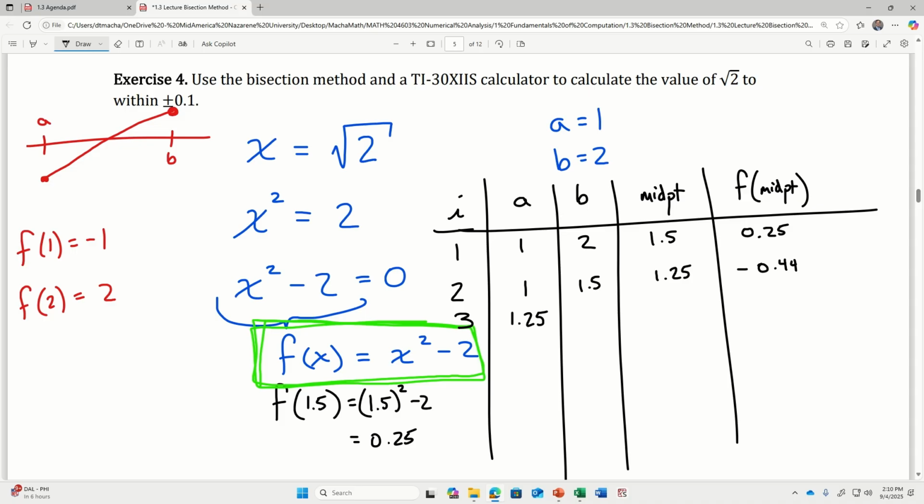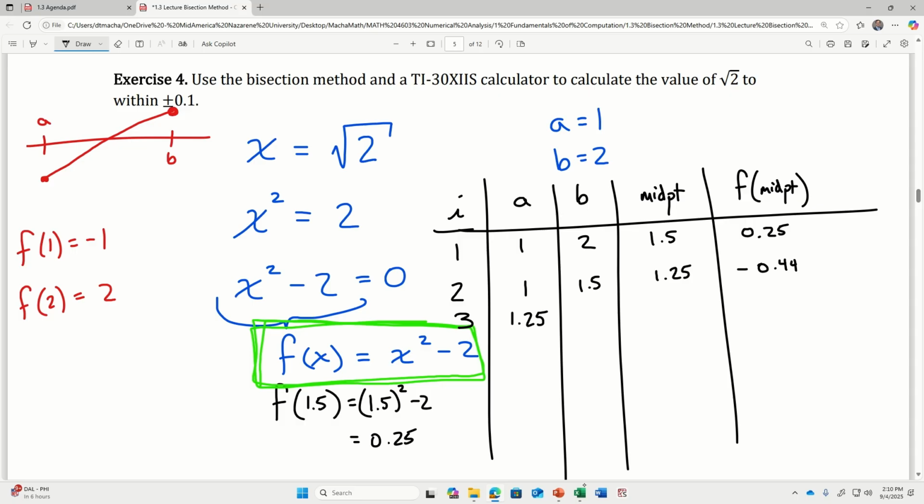And a negative value of my function at the midpoint is going to make that midpoint my new lower bound. It actually changes. If your function is decreasing from left to right, it's going down, then it's going to have an opposite effect. The plus or minus on the function at the midpoint will have an opposite effect on how you move the upper or lower bound to the midpoint.